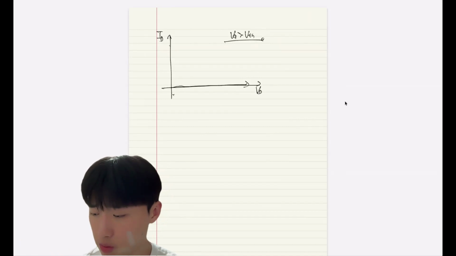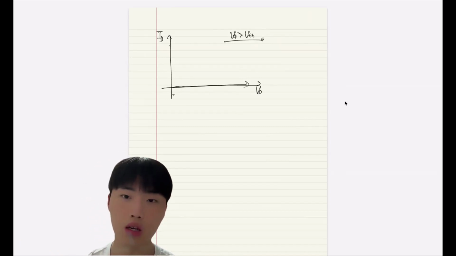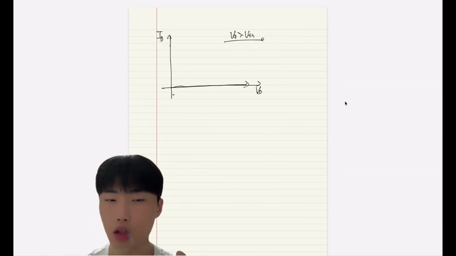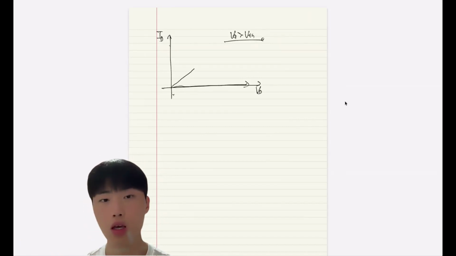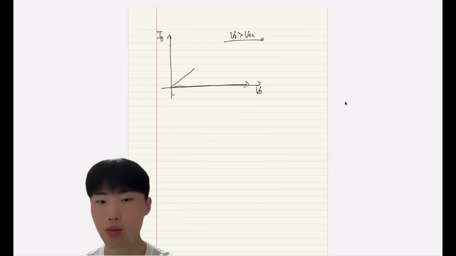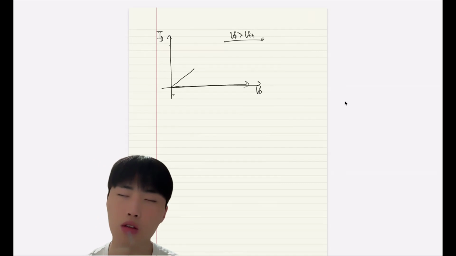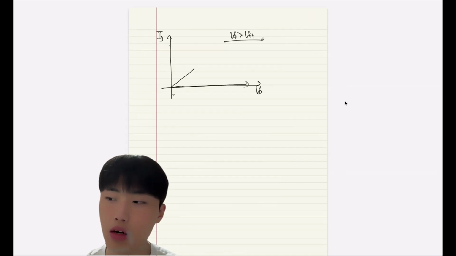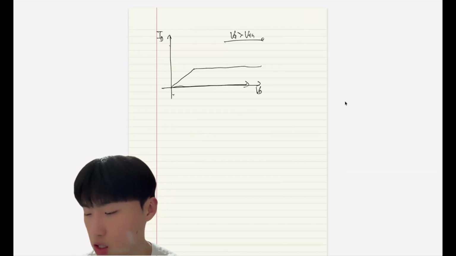In this condition, when we increase the drain bias, the current increases. But when the pinch off occurs, the current gets a constant value, so it moves like this.